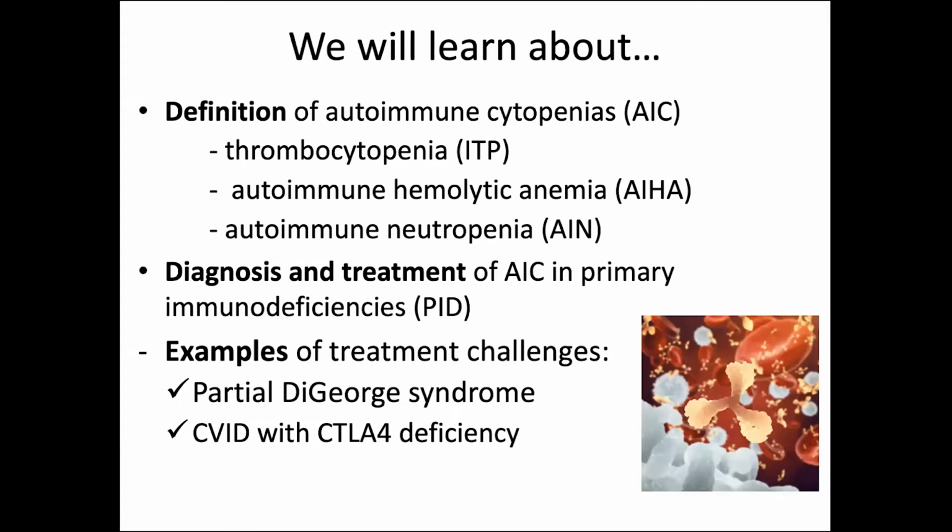And we will go through two examples of treatment challenges. The first example will be a child with partial DiGeorge syndrome and cytopenias. The second example will be a patient with CVID, common variable immunodeficiency, and an underlying CTLA-4 deficiency.